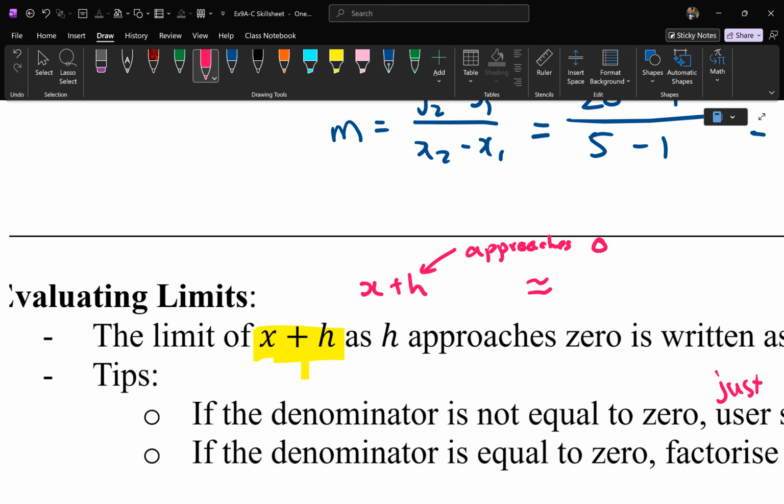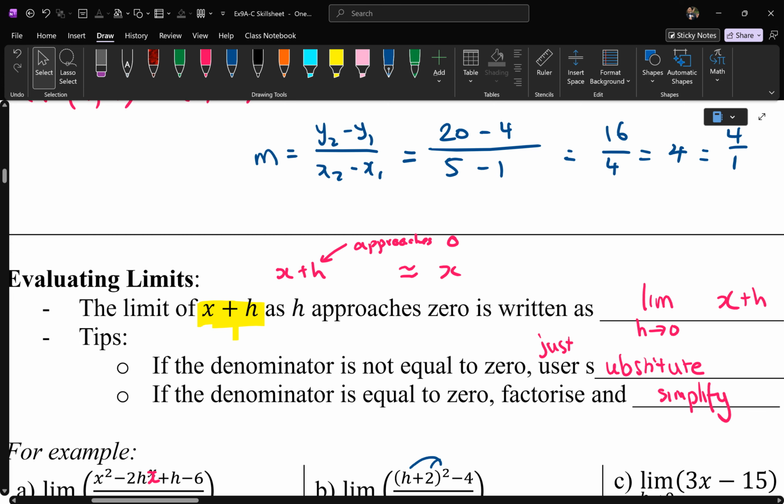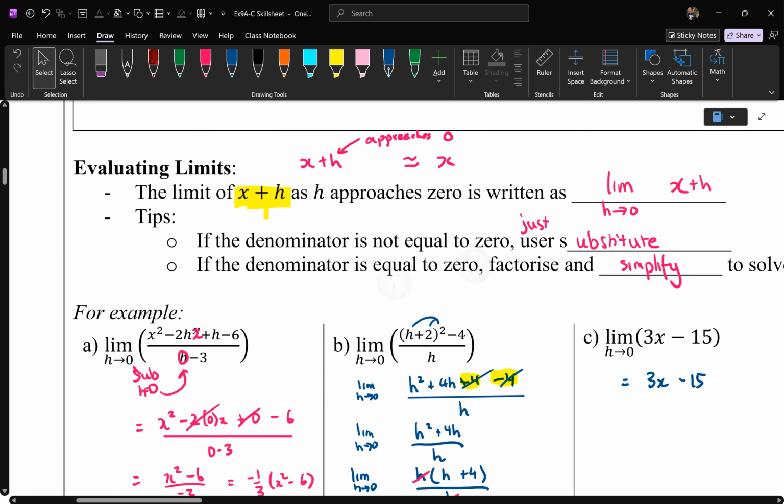So in the long run, if this is approaching 0 and it's infinitely small, then x plus something that's infinitely small is closer to x. Okay, that's the idea of limits. So we don't know the actual answer, but we're saying, what if it goes on infinitely, where does that head to? And that's one of the skills that you guys got to get used to evaluating, and that's part of the exercise as well. So here's some practice for you to do.